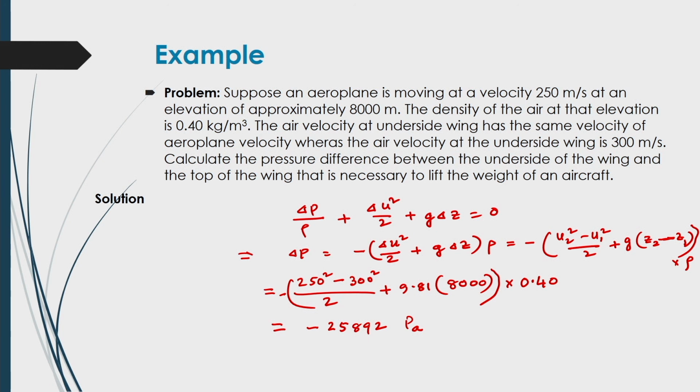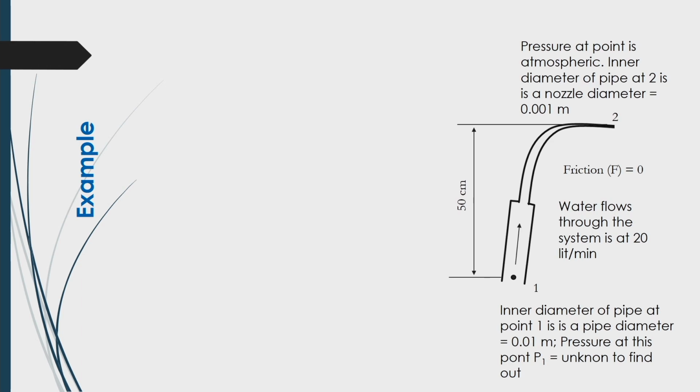So in this case we applied Bernoulli's equation and solved it. Let us do another example of Bernoulli's equation. Here a nozzle is shown in the slide, and water is flowing through it.